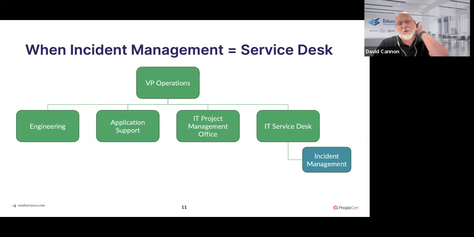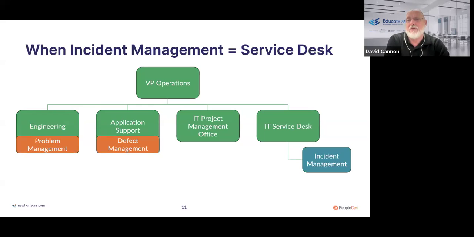We have an engineering group and an application support group, and they have developed their own version and flavor of problem management. The one is called problem management. The other one is defect management, which is a different application of problem management. They both do similar things. They're not quite the same, but they both work in that area of root cause detection, elimination. So that's over there.